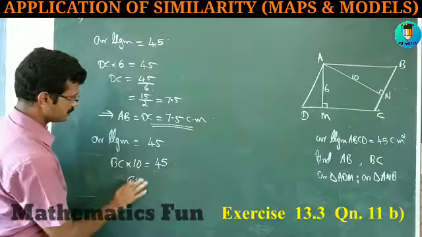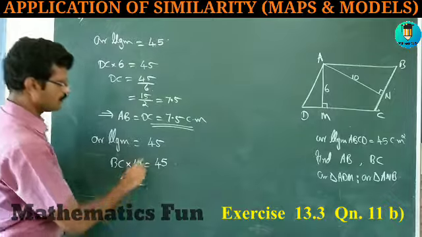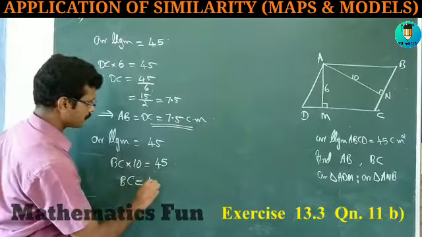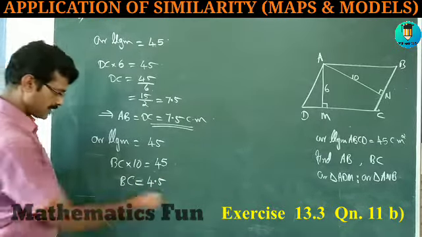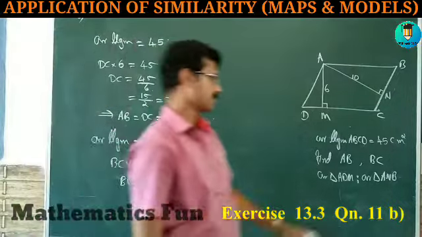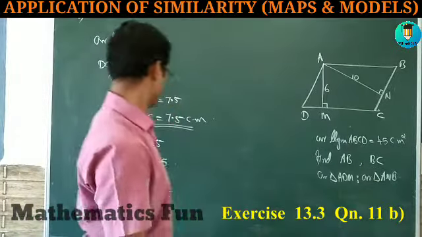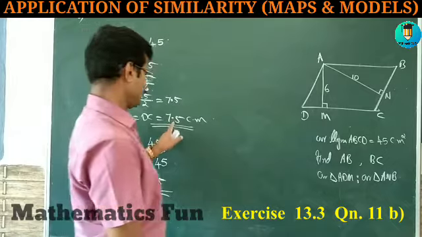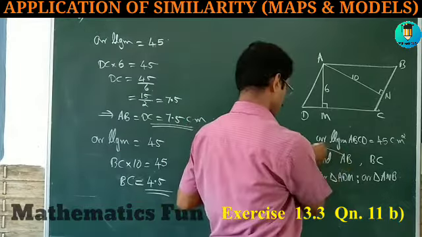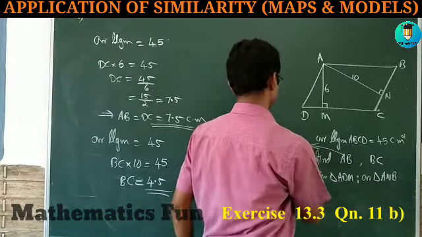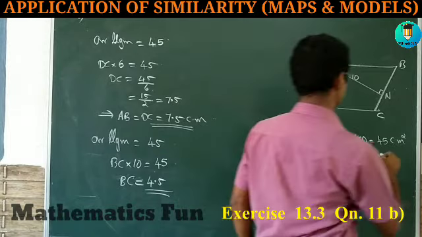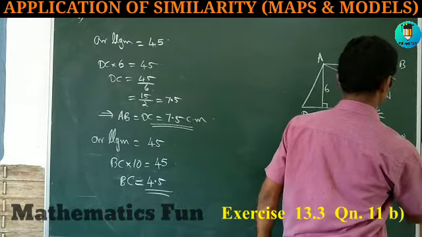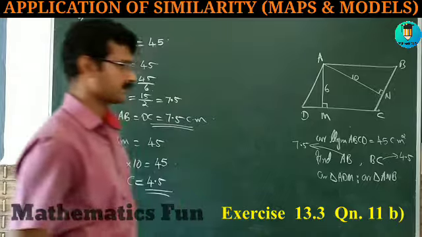Therefore BC is equal to 45 by 10, that is 4.5. So BC also we got. The two sides we got: this is 7.5, and this one is 4.5. That is the first two parts over.